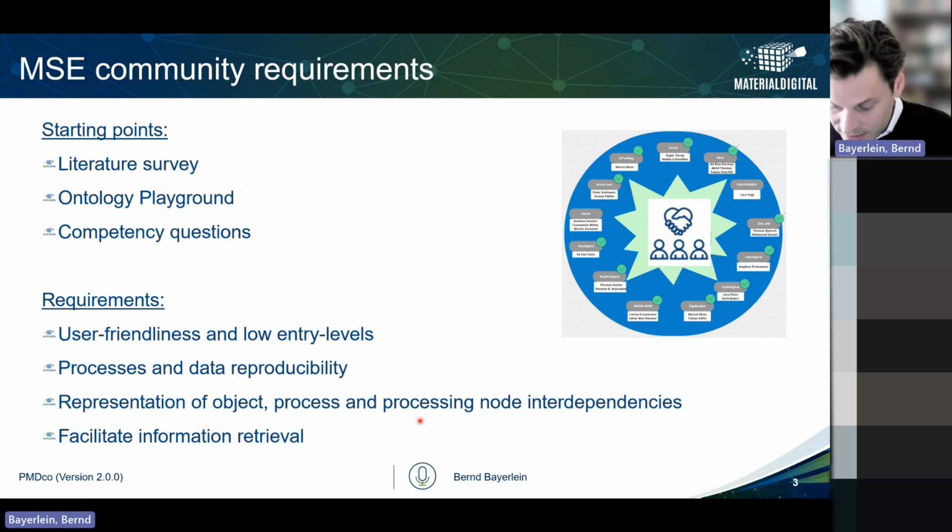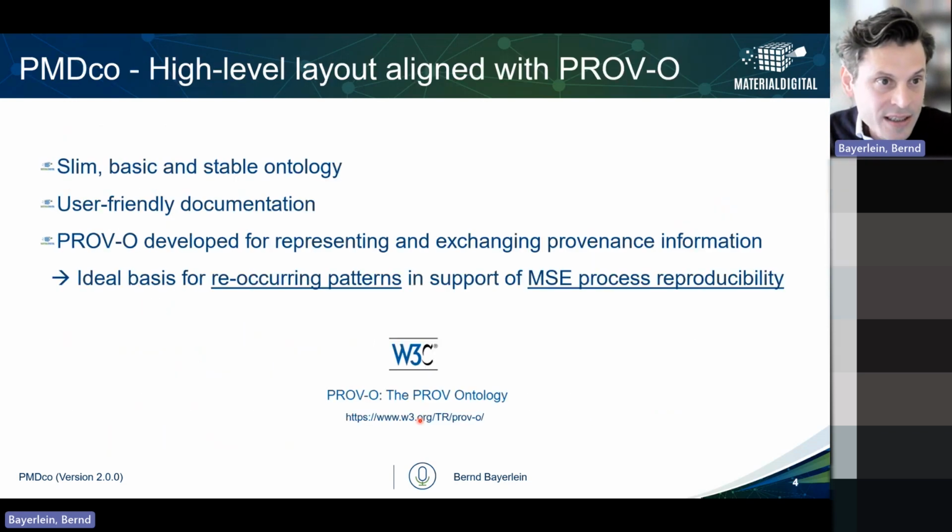And these are all the requirements for our first decision we took here, that this high-level layout of the PMDco is aligned with the provenance ontology provided by the W3C. It's a slim, basic, and stable ontology.